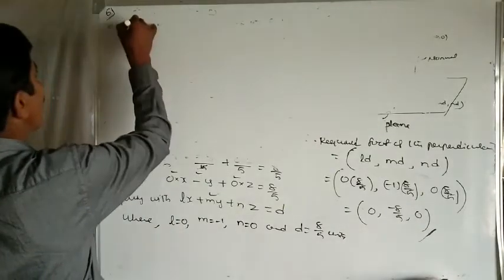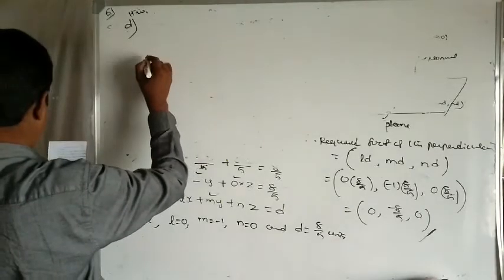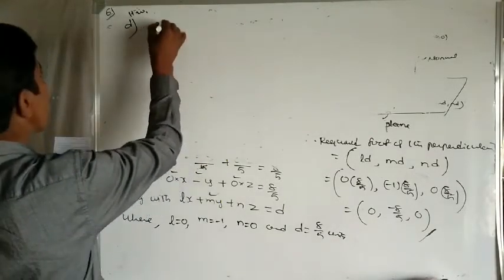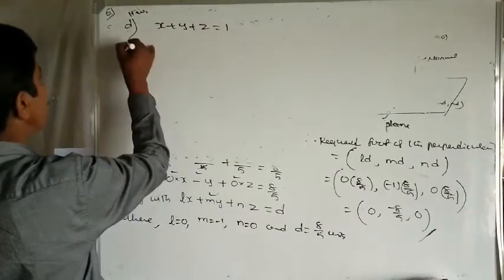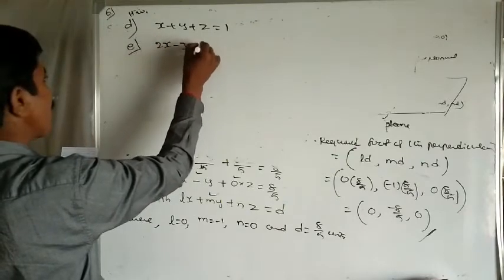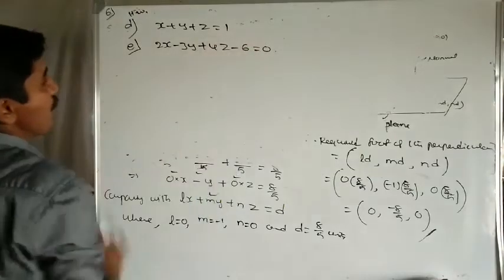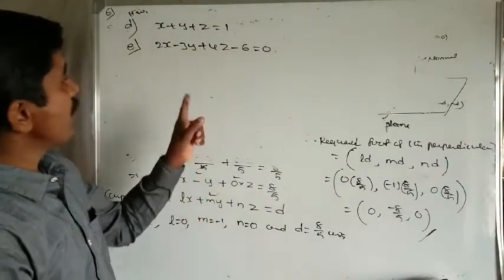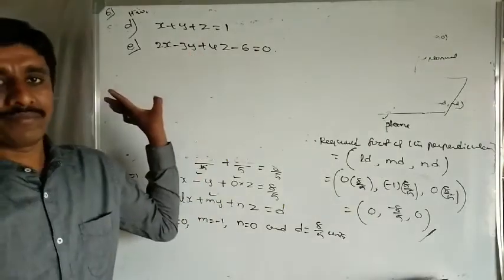Problem one: x plus y plus z is equal to 1. Problem two: 2x minus 3y plus 4z minus 6 is equal to 0. Similar to the last problem. Got it.